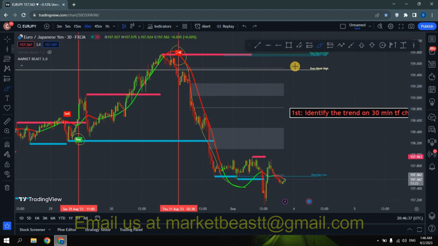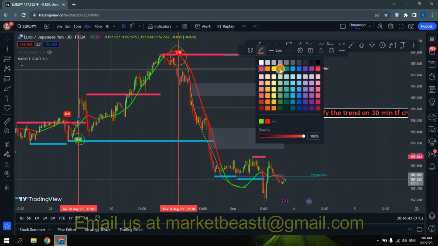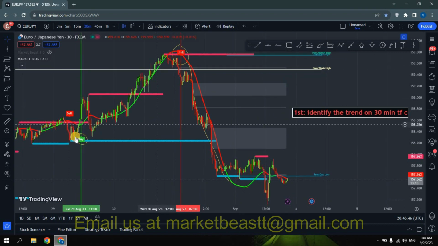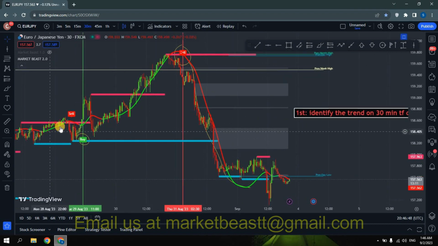Alright, so what I'm going to do is make it green so I can remember it was an uptrend. Just before that we got a sell signal. Many of you lost trades in this type of condition.